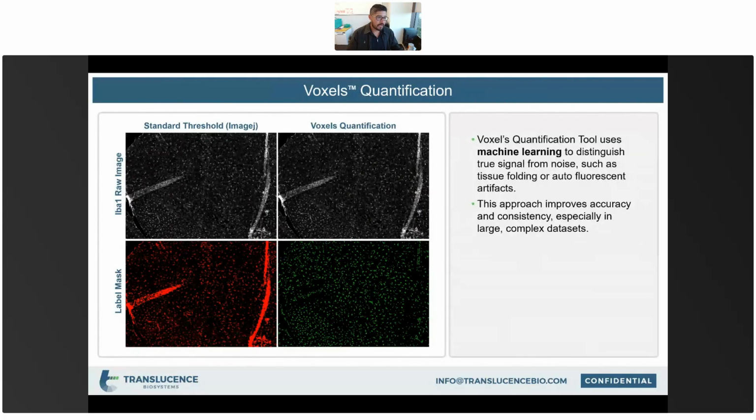But when you use Voxel's machine learning quantification, on the right, you can see that the folds are no longer being picked up and are completely avoided, while still retaining the signal that's underneath those folds on both the right of the tissue and the left of the tissue. This allows the data to be cleaner and also makes us more confident that when there are artifacts, they are being avoided by the machine learning algorithms.